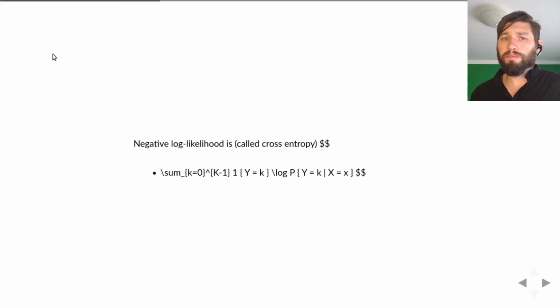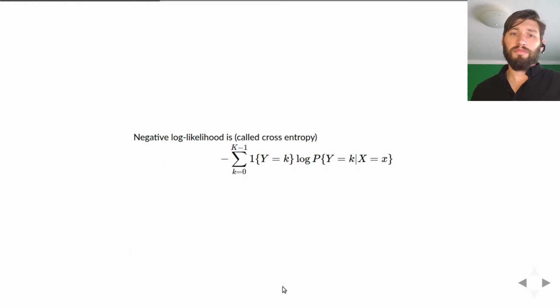And so the negative log likelihood, which is also called the cross entropy, can be written in the following way. It's the negative of the sum over the classes of the log probabilities of that class times this indicator that y is equal to the class.